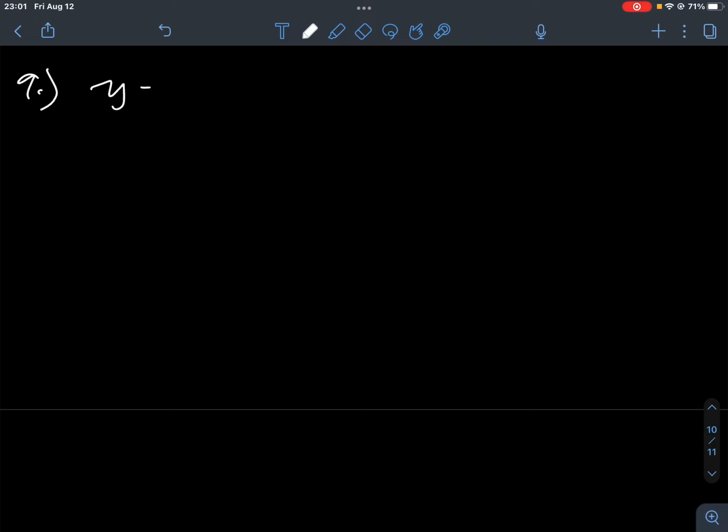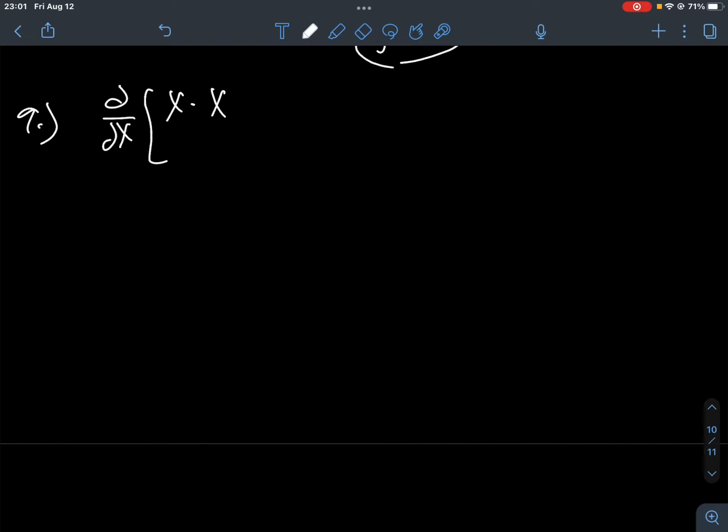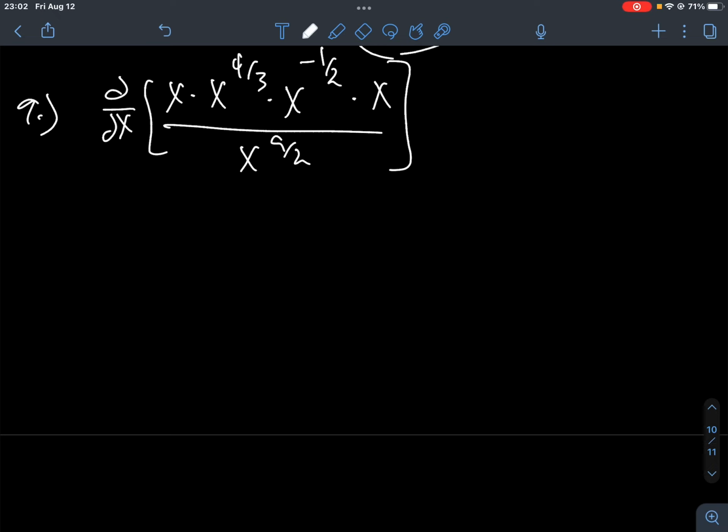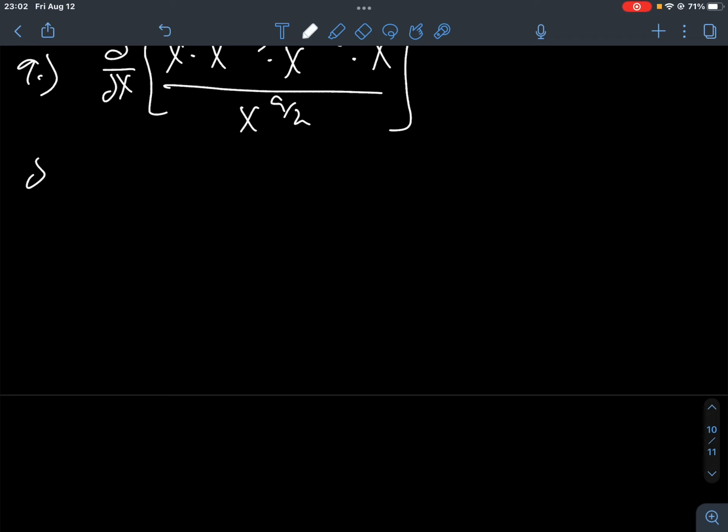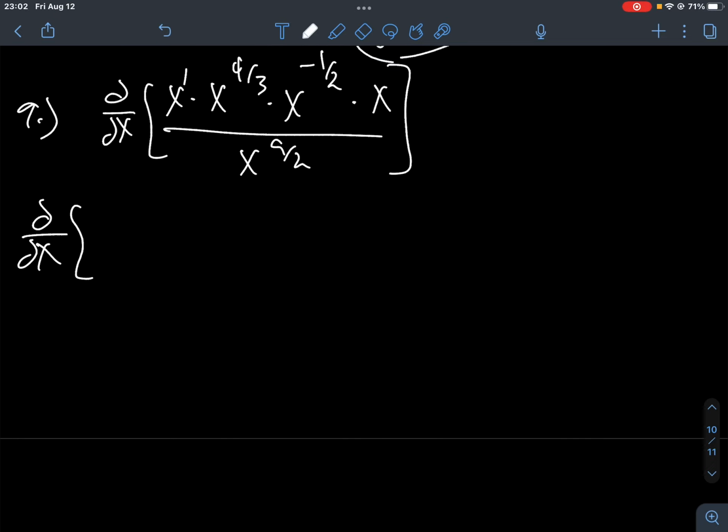Say that we're asked to find the derivative of x times x to the 4/3 times x to the minus 1/2 times x over x to the 9/2. First of all, let's go ahead and simplify this. For the first one, that's raised to the first power.